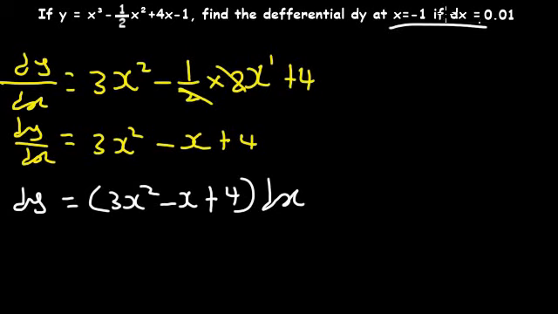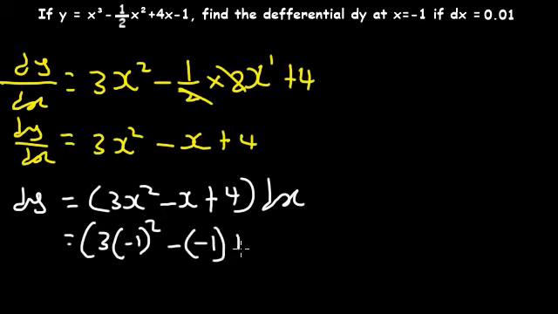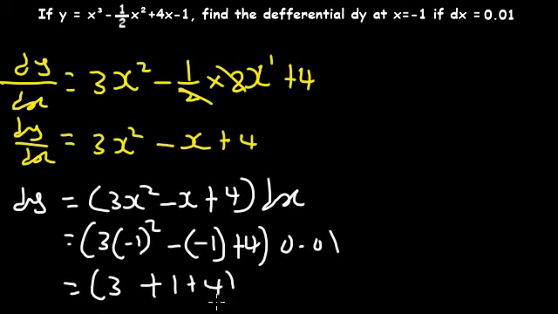We have to evaluate this at x equals negative 1, dx equals 0.01. So therefore we now have 3 times negative 1 all squared minus negative 1 plus 4, multiplied by 0.01. Negative 1 squared gives us 1, so we have 3, minus times minus gives us positive 1, and plus 4, times 0.01.